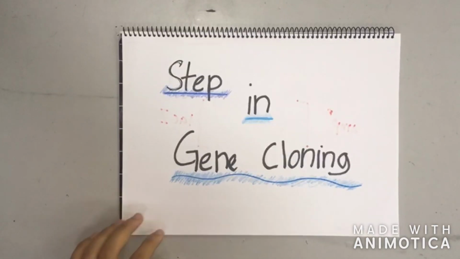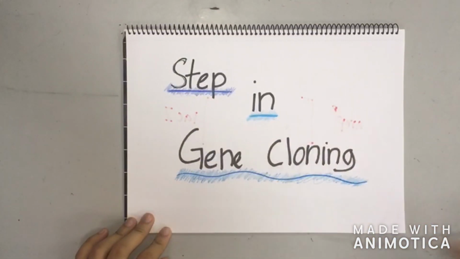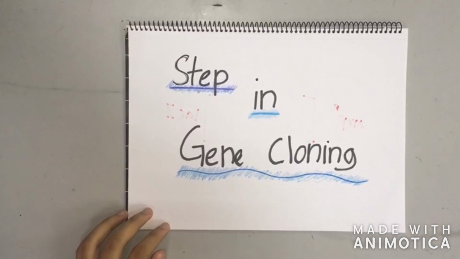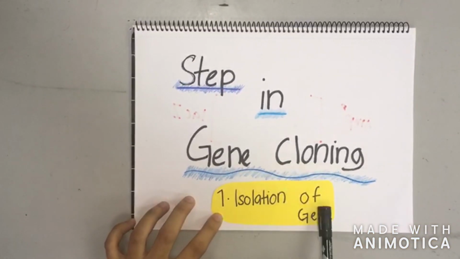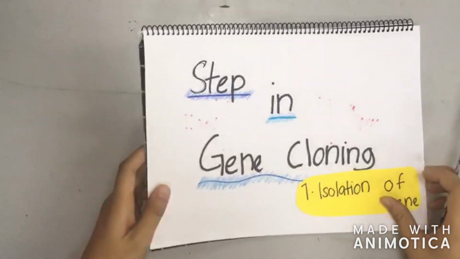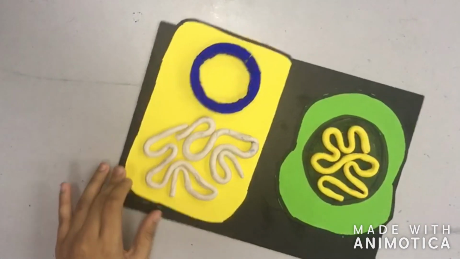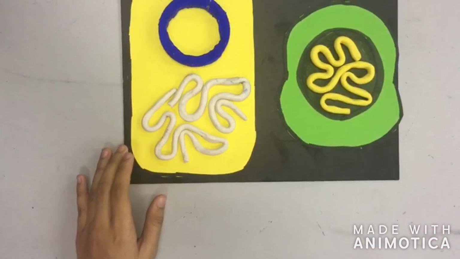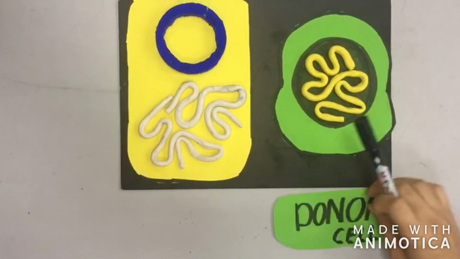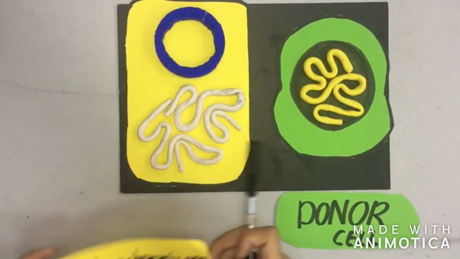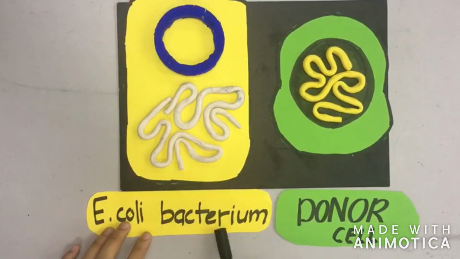Okay, today we talk about the steps in gene cloning. For gene cloning, the first step is isolation of the gene. In gene cloning, we involve two cells: the left one is the donor cell and the right one is the bacterial cell, which is E. coli bacteria.